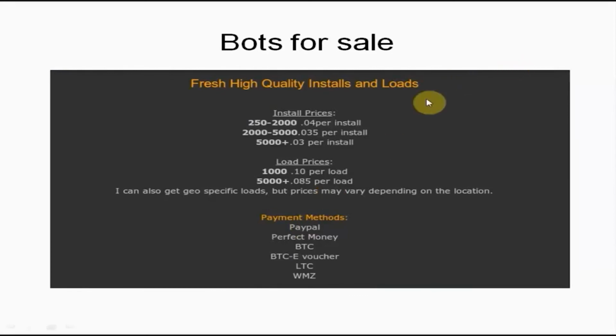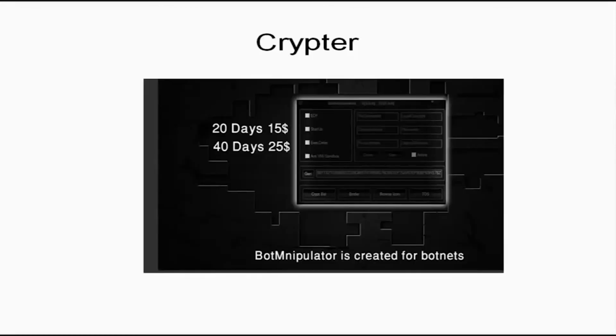And you can see bots for sale over here. A bot means an infected computer that is controlled by a botnet operator, and they're very, very cheap over here, and an attacker might use these to do a DDoS attack. A cryptor is a tool that is used to encrypt exes such that they can't be detected by antiviruses, and you can see they're pretty cheap, $15 to $25, and these also sometimes give a 0 out of 52 result.